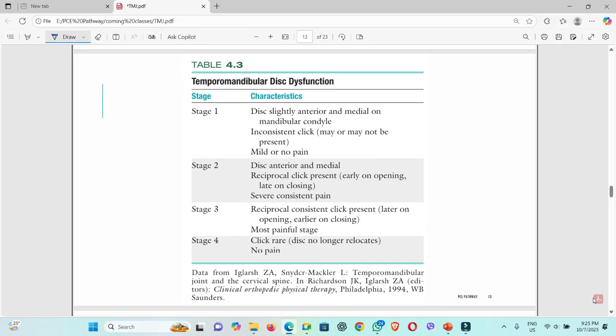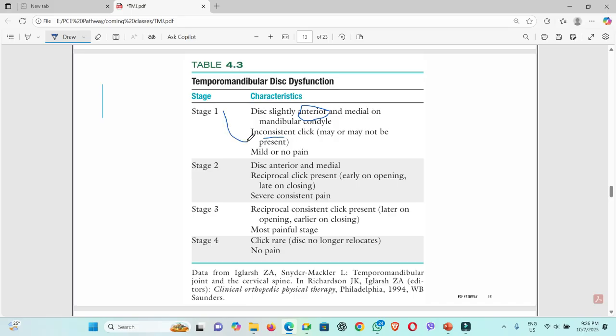So there are stages of disc dysfunction. Stage 1, 2, 3, 4. First is disc slightly anterior and medial on the mandibular condyle. We just read, right? Disc bulge happens mostly at the anterior and medial on the mandibular condyle. There is inconsistent click.